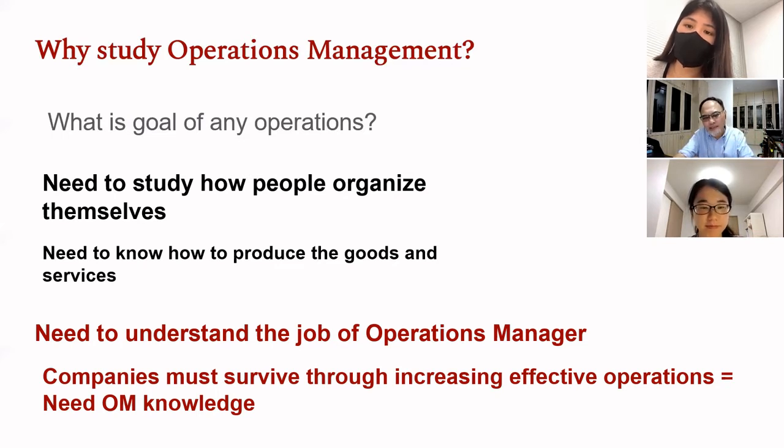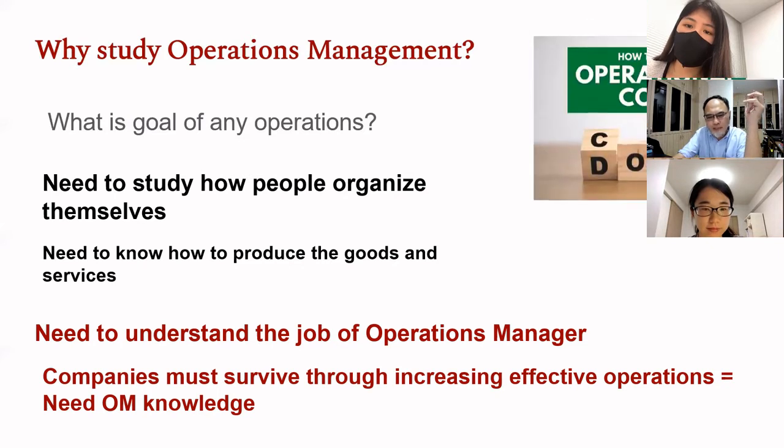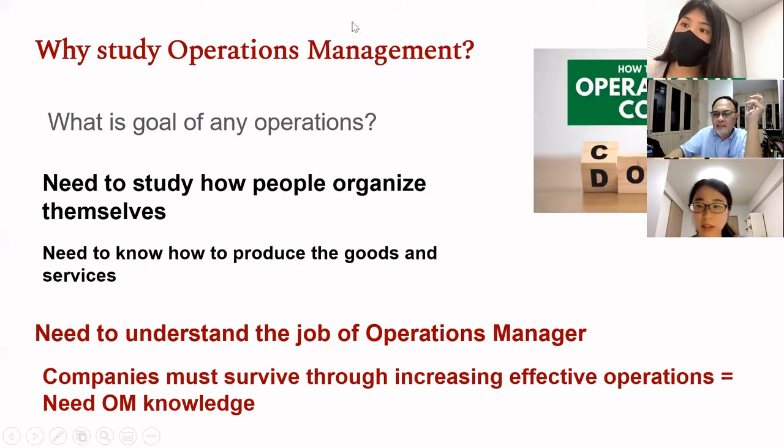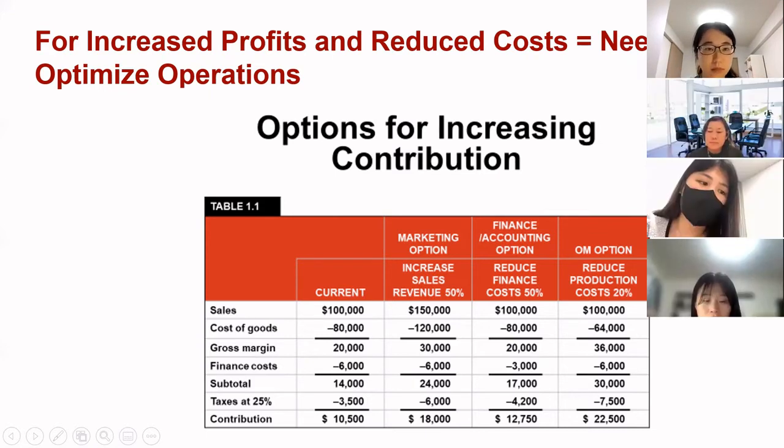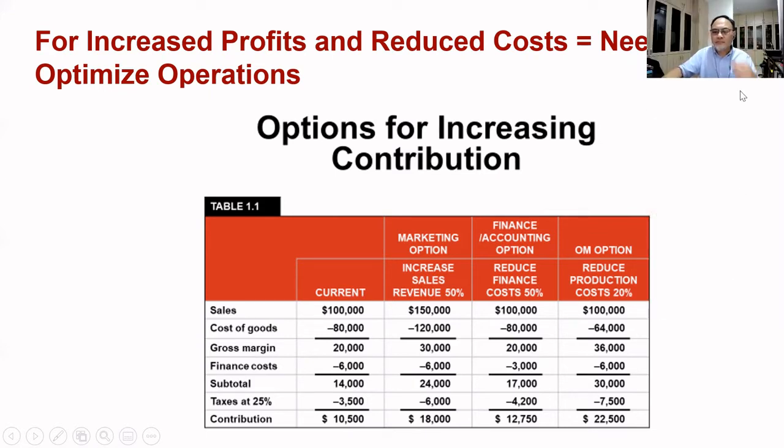So how do we actually think about effective operations? The key is how to reduce operational costs. Cost down. This is just a concept. Can you see these three options for increasing contribution? You read it like this.